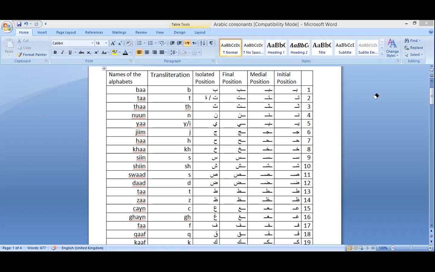Next. Yes, Muniru. See your hand. Ba, ta, tha, na, ya, ja, ha, kha, sa, sha, swa, dwa, twa, dwa. That's right. Next.